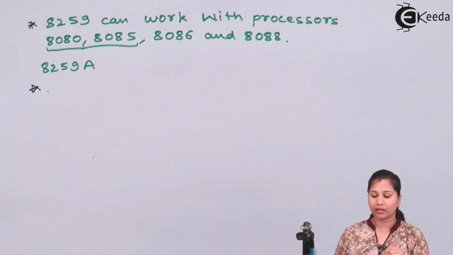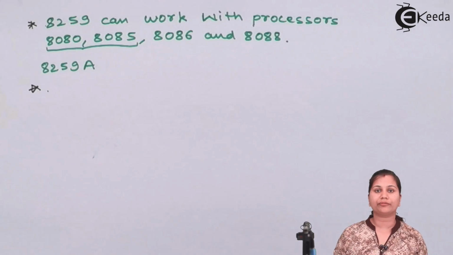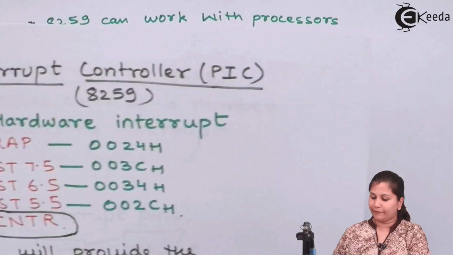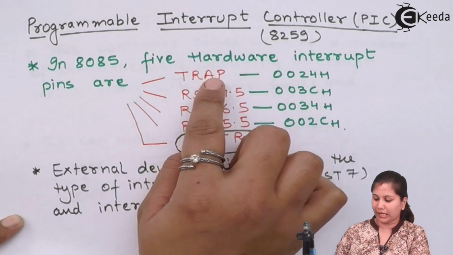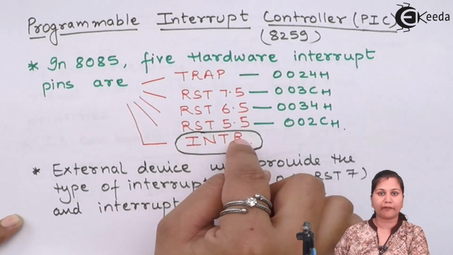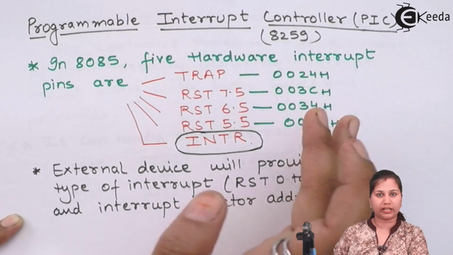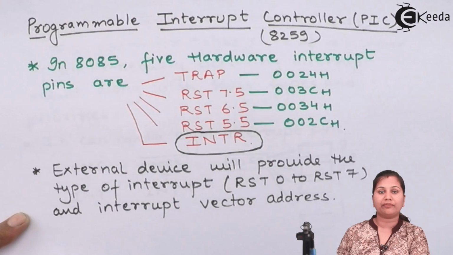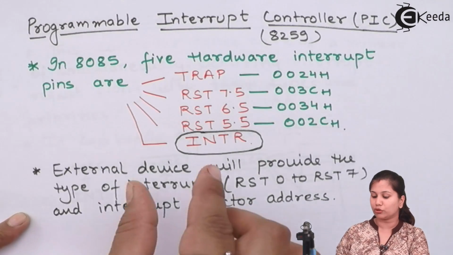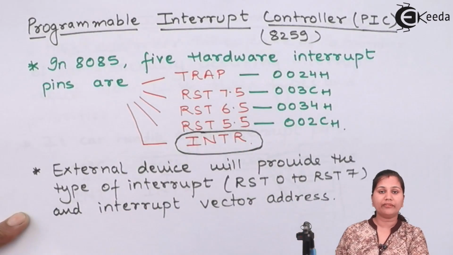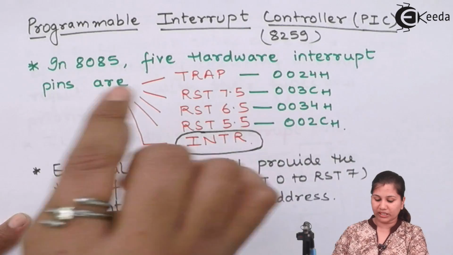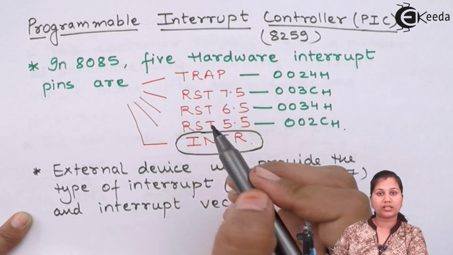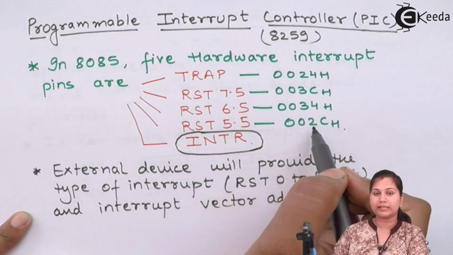If we see the addresses of the interrupts in the 8085, I have told you that TRAP, RST 7.5, 6.5, 5.5 have interrupt vector addresses which are already fixed. But for INTR, the 8085 needs some external device which is going to provide the interrupt vector address. Now if you see the addresses, you can see that all the interrupt service routines are written on page number 00.